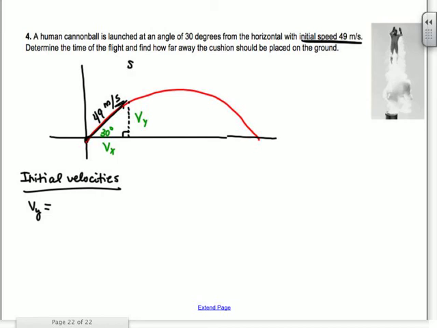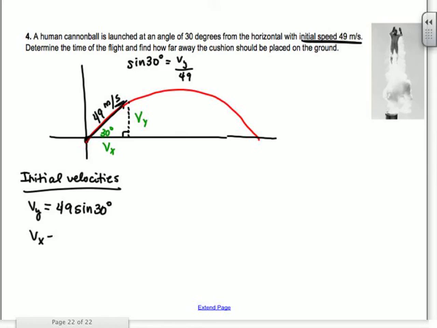Sine. Yeah, it's sine of 30 degrees equals opposite, so Vy, over hypotenuse, 49. So Vy ends up being 49 times sine of theta. I just always remembered sine values are my y values. So take my initial speed, 49, and multiply by sine of 30, whatever your degrees was.